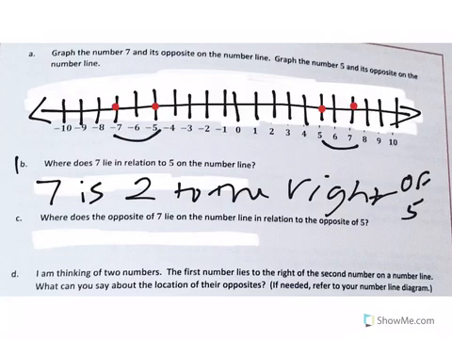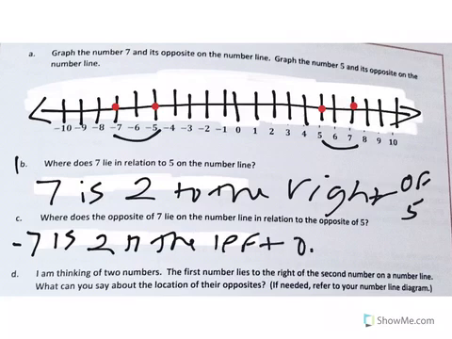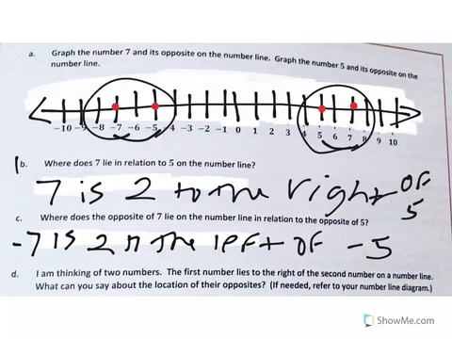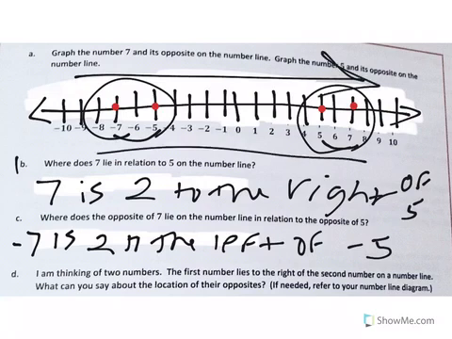Well, -7, which is the opposite of 7, is 2 to the left of -5, which is the opposite of 5. So we can see that 7 is larger than 5, but -5 is larger than -7, because, of course, as we go to the right, we get larger. As we go to the left, we get smaller.